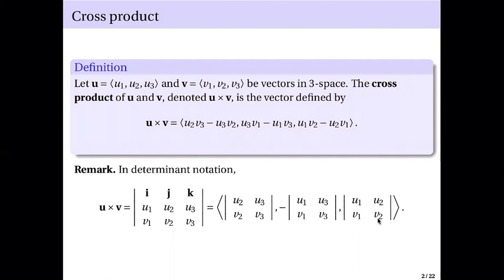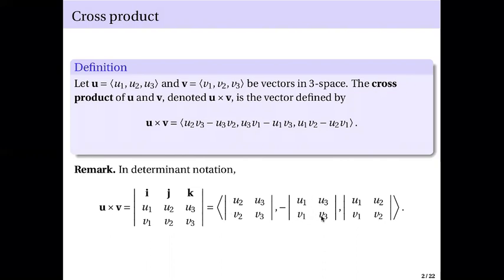Okay? So to easily remember this, look at the determinants. In the first component, you remove the first components of u and v, and you get the determinant of the matrix without the first components. That's your first component for u cross v.